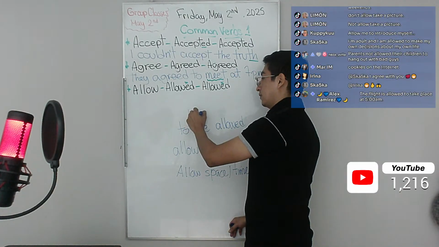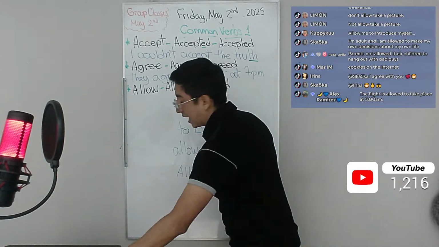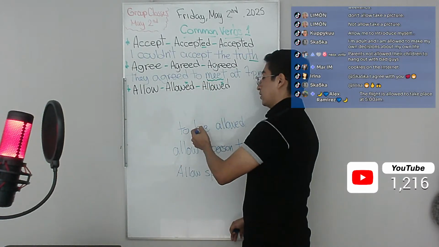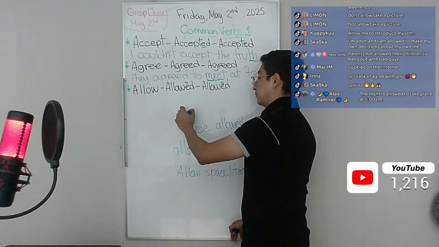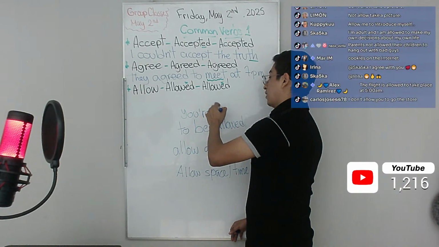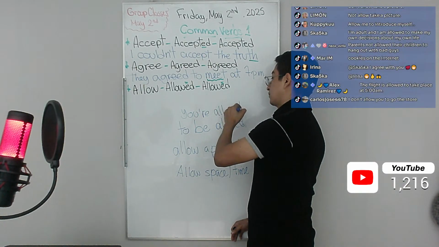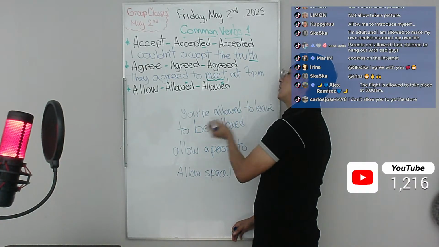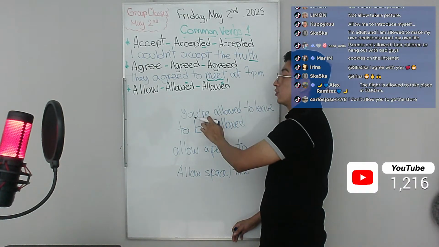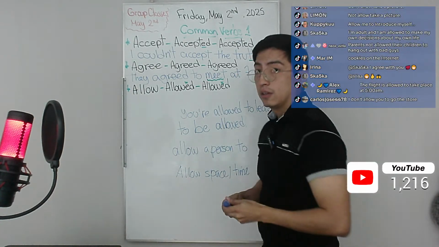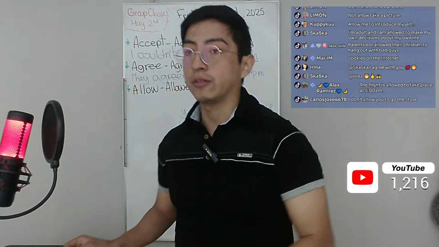So we can say, I'm allowed, or you're not allowed. You're allowed to leave now. So you can use the verb to be here: to be allowed, or to be not allowed.